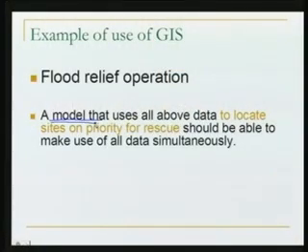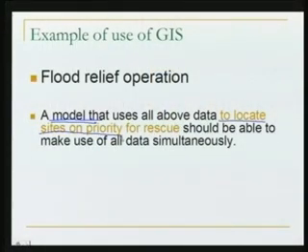Now this model will run under GIS. It will make use of all this information to find the sites on priority basis for the rescue. So we'll need a model, and that model can be run on this GIS data, the geoinformation. This is the management part of the geoinformation, where we are coming out with the areas. Yes, this is the area where the rescue has to be provided.